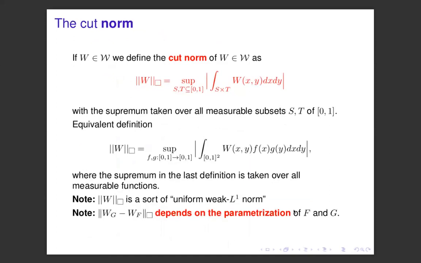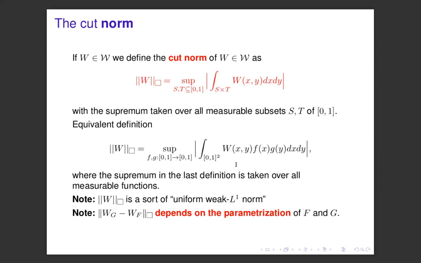So we have defined the convergence, but this is a topological object, and we would like to have this connected to some functional analytic concept. And the first thing that has been done is to define a norm on graphons. And this norm is a kind of weak L1 norm.